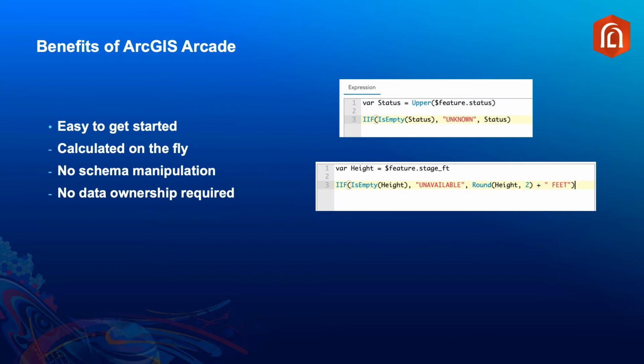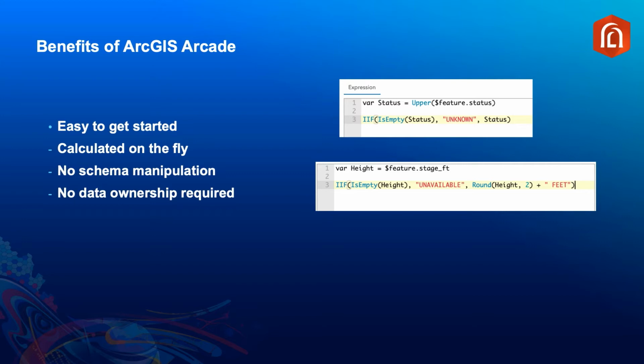So what are some of the benefits of ArcGIS Arcade versus other methodologies? Well, first, again, it's meant to be very easy to get started. Some expressions may only be a single line. As you see in the examples here, both of these are very, very straightforward, a couple of lines of Arcade code. It's meant to be calculated on the fly, so I don't need to spend a lot of time doing pre-processing.